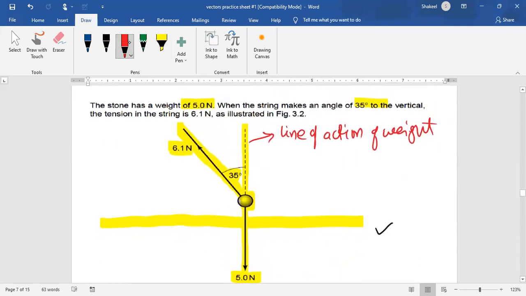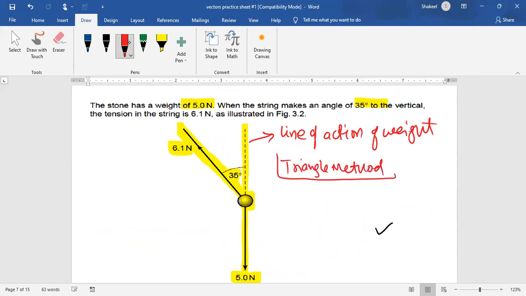For this, you will use the triangle method. Make a triangle of the two forces, 5 Newton and 6.1 Newton, following the head to tail rule.